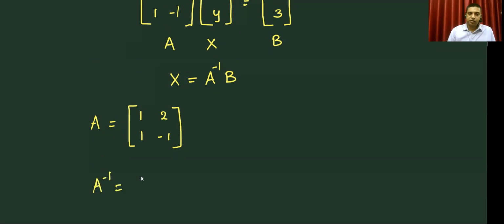A inverse is 1 by determinant of A times adjoint A. If you remember, I told you for a 2 by 2 matrix, how do you write the inverse?